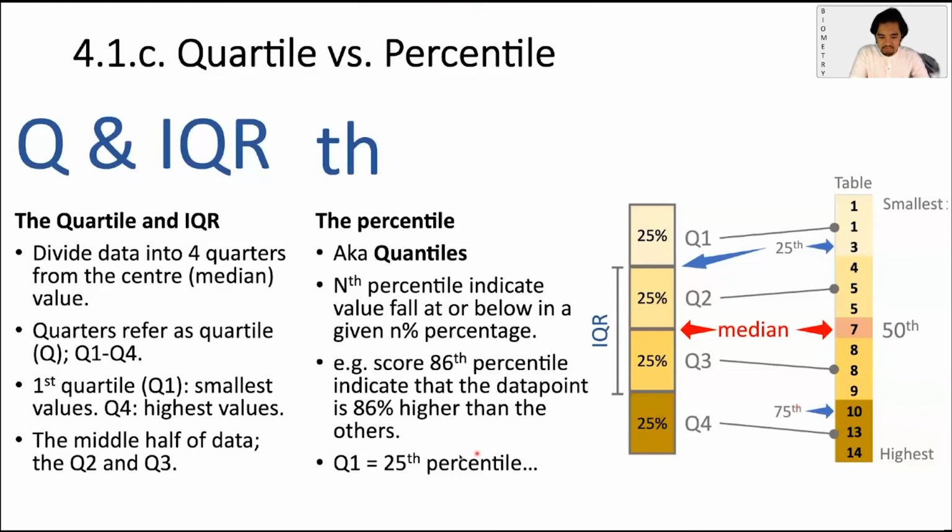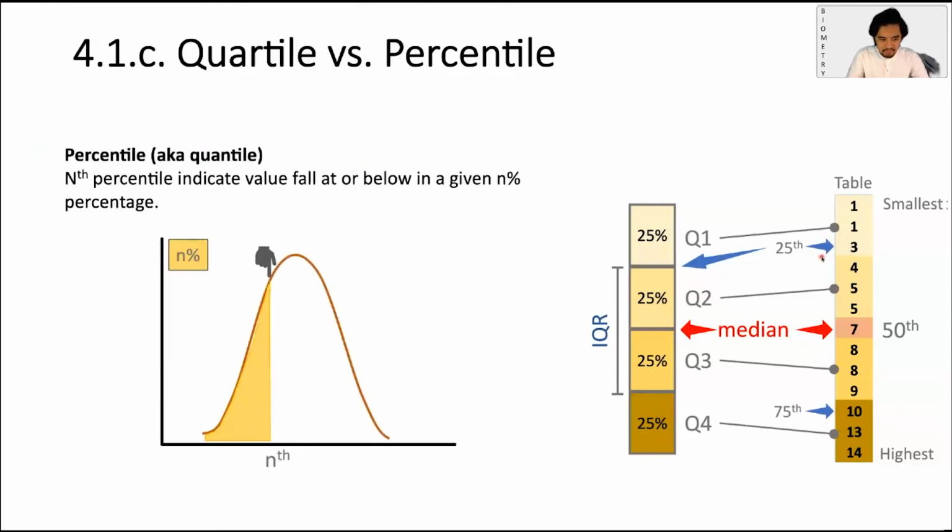Another example is that Q1 is equal to the 25th percentile of the data. If you want to find your data point at this particular point, it will give you the value of your nth percentile, which is higher compared to this particular data.